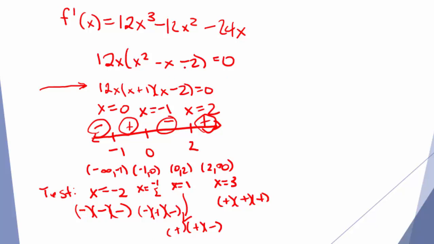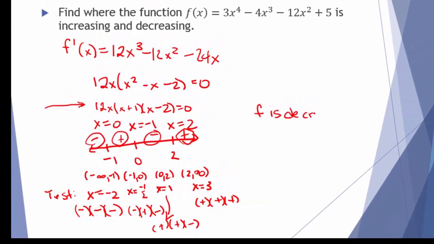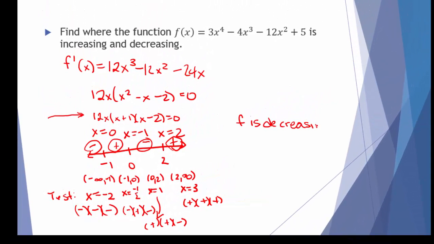So the conclusion we've come up with is that our derivative is negative from -infinity to -1 and from 0 to 2. Well, on those intervals, if your derivative is negative, that means that your original function f is decreasing. So f is going to be decreasing on those two particular intervals. So that's going to be -infinity to -1, and again on 0 to 2.